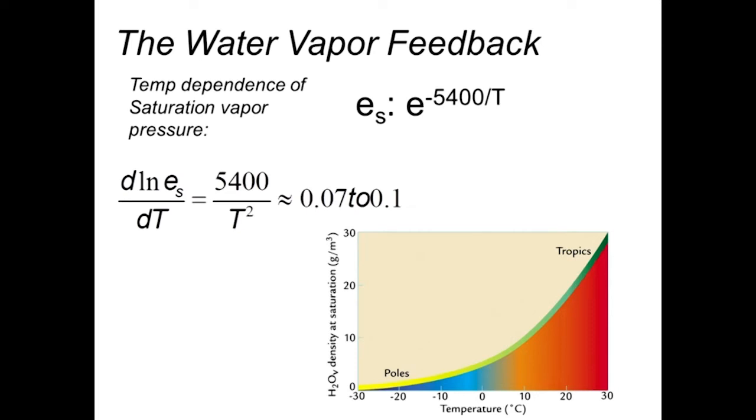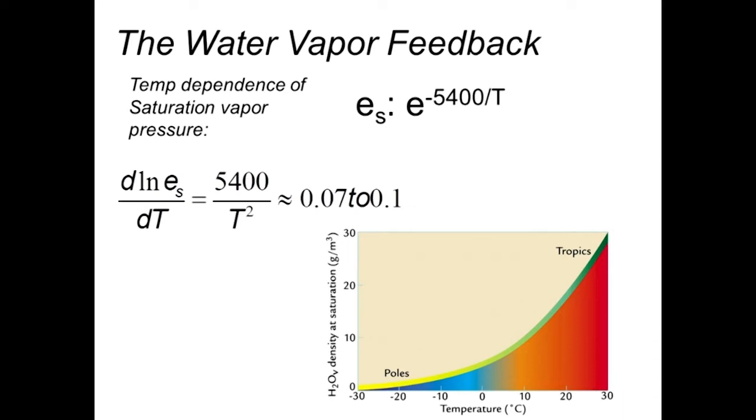It increases exponentially with temperature. How do we know this to be true? Nature satisfies this, particularly in the latitudes you live in, the extratropics. The winter becomes cold and dry. Summer is warm and humid. The first order determinant of that is that equation, vapor pressure.